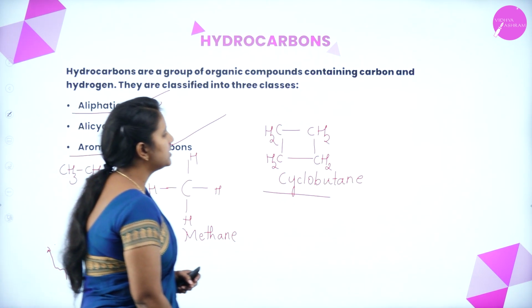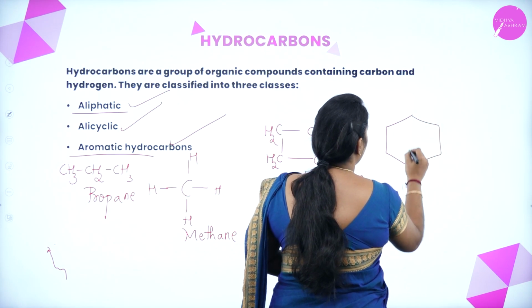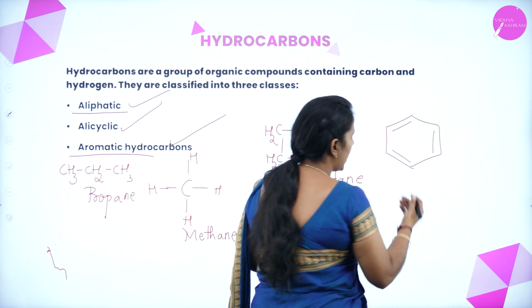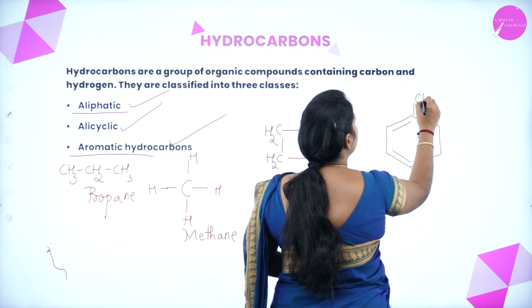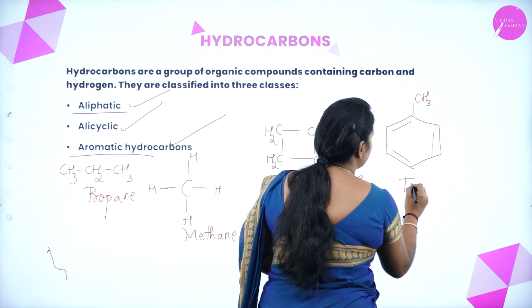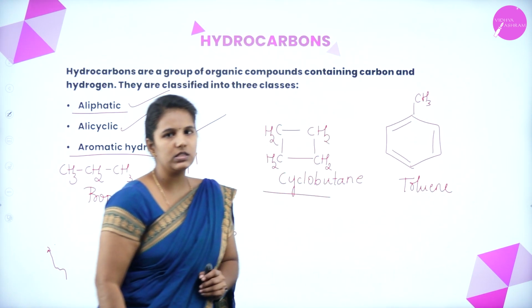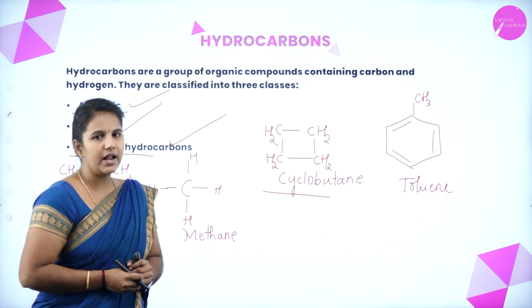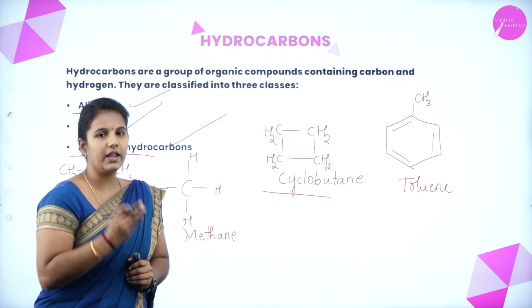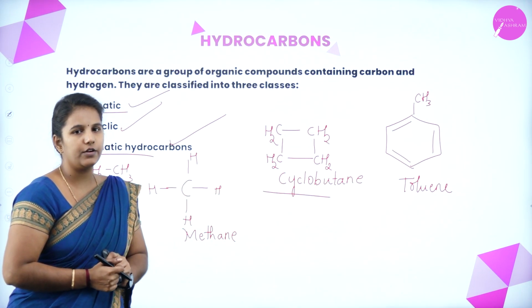It always begins with a benzene ring. The best example is toluene. This is how we can easily understand the differences between aliphatic, alicyclic and aromatic hydrocarbons.